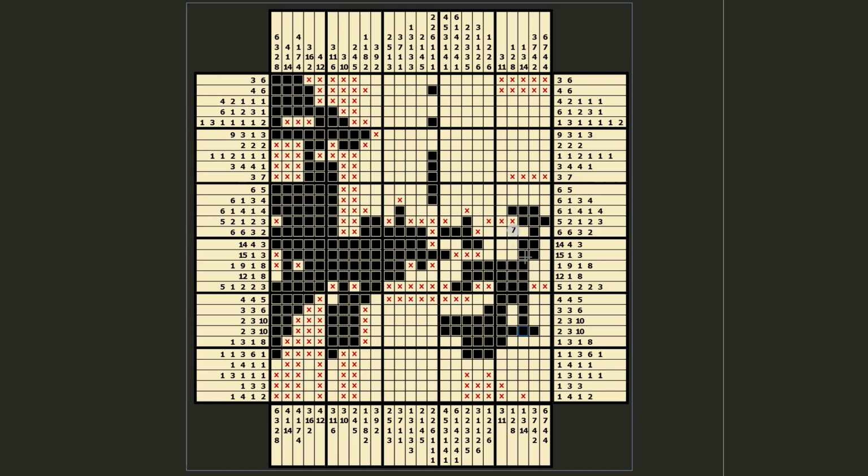That has to connect to the 14. 6, 10. Nothing over here. This is the 6.